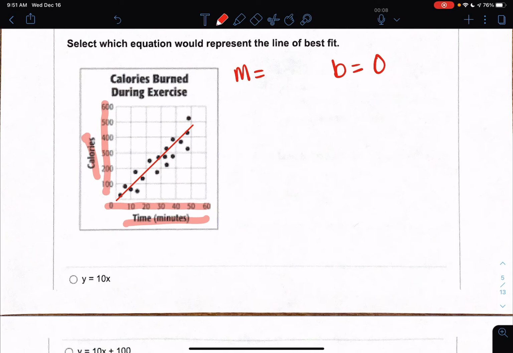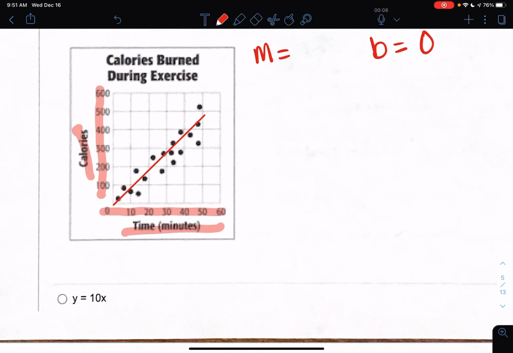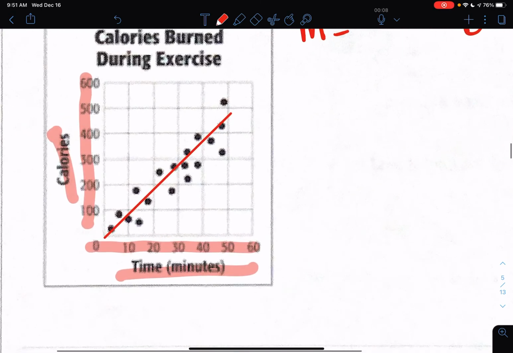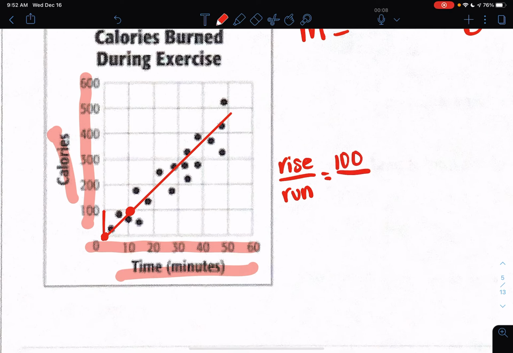Now, doing my slope, I'm going to use rise over run, and I'm going to use this point because it's the closest I can get to the line, and this point right here. Okay, now using rise over run, I'm going to rise to get to the same level of my second point, and when I get to the same level as this point right here, I have risen 100 over my run, and that means how many times am I going to run or go over to get to the actual point.